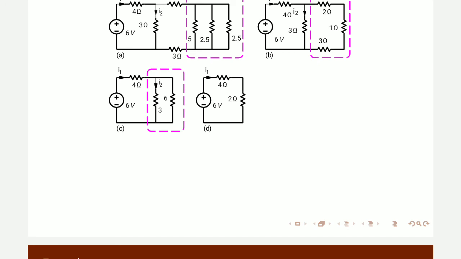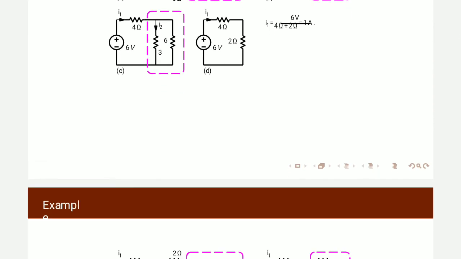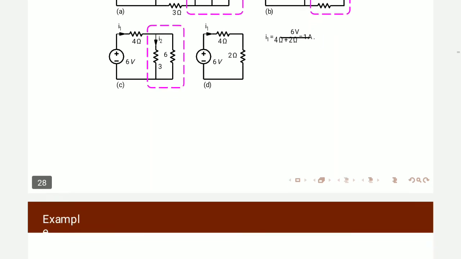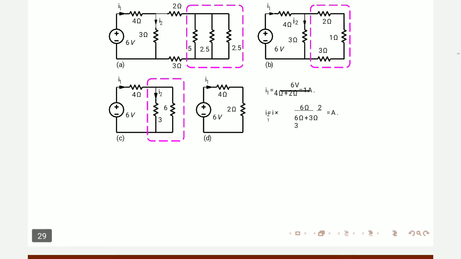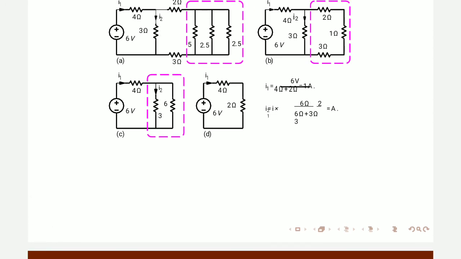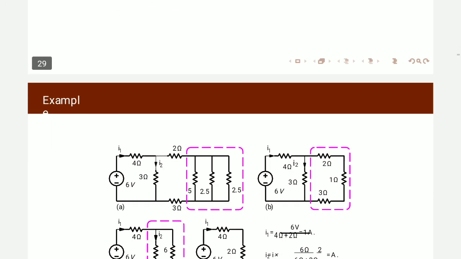The current I is equal to 6 volts by 4 plus 2 ohms, that is I is equal to 6 by 4 plus 2, which is 1 amp. So I1 is equal to 1 amp. Apply the current dividing rule formula to get the other currents.